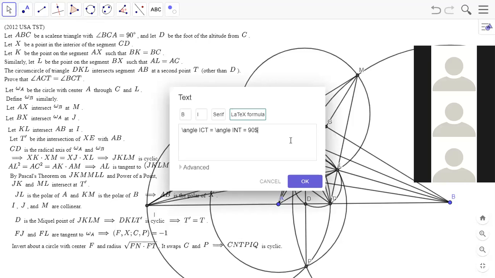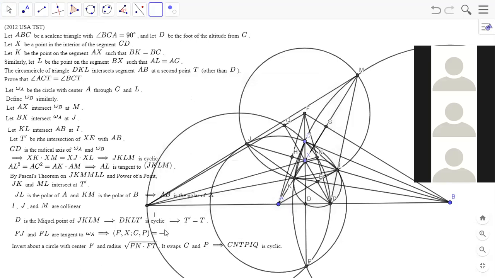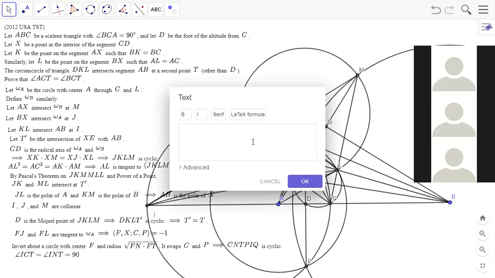And so now we're basically done. Since A, B, T, and I are in harmonic conjugation, that means angle ACT equals angle BCT. I think we got most of it there.